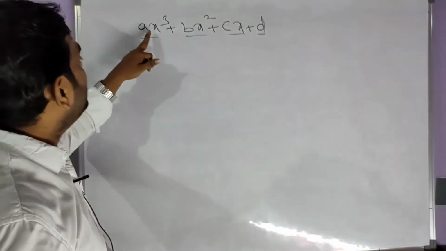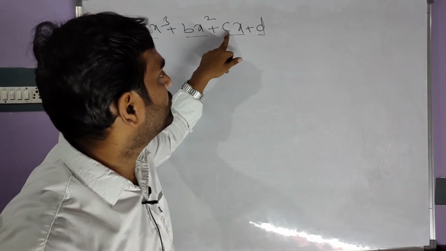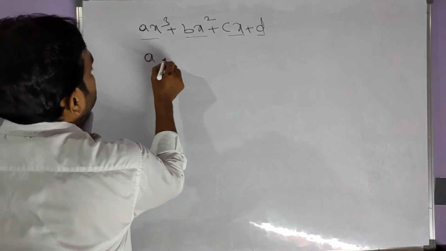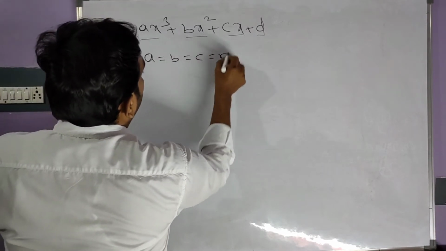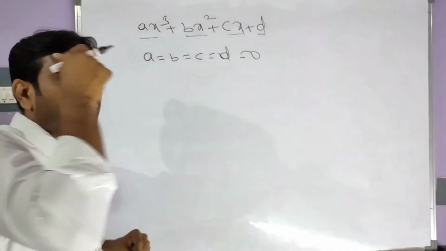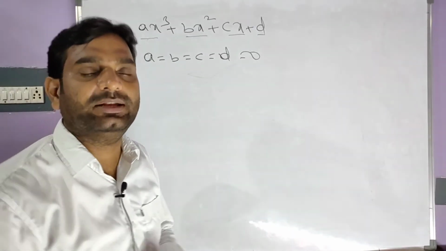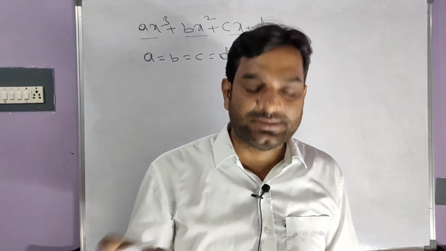Here a is the coefficient of x cube, b is the coefficient of x square, c is the coefficient of x, d is the constant. If every coefficient is equal to 0, then it's a zero polynomial. That means every term is 0. Every term is equal to 0, then it's a zero polynomial.